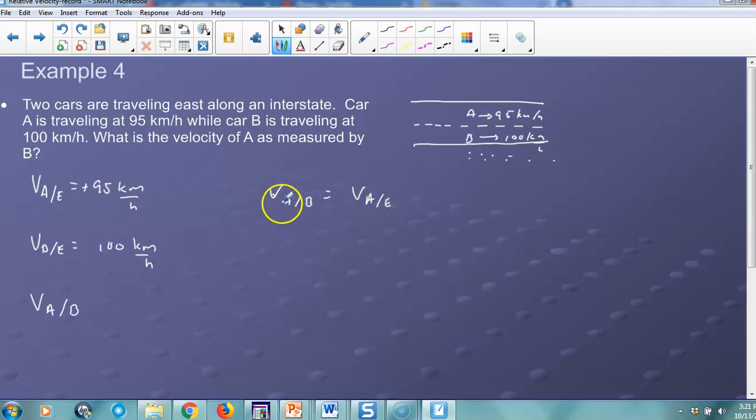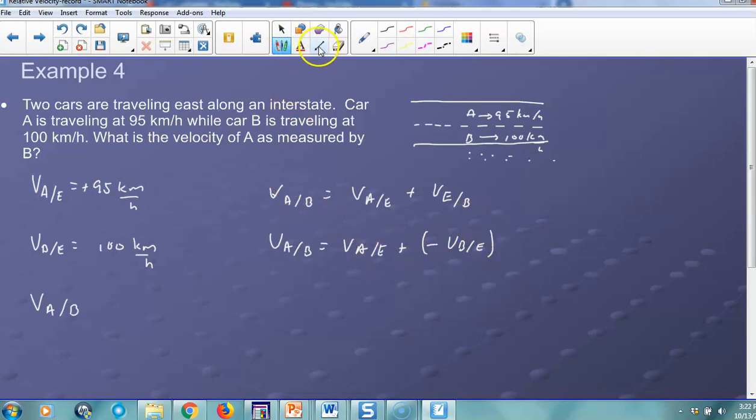I'm setting this up so I've got A first, plus the velocity of Earth relative to B. We don't have velocity of Earth relative to B, but we have B relative to Earth. So that means the velocity of A relative to B is equal to velocity of A relative to Earth plus the negative of velocity of B relative to Earth.